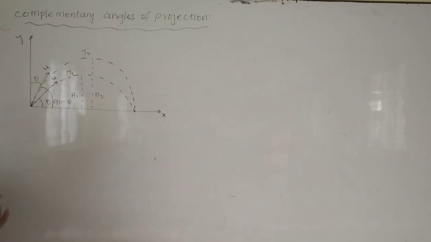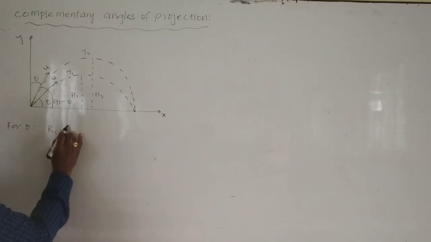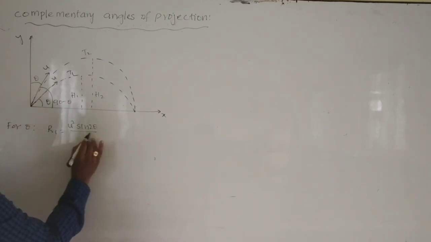See, for the angle theta we projected, the range R1 equals the formula u square sin 2 theta by g.